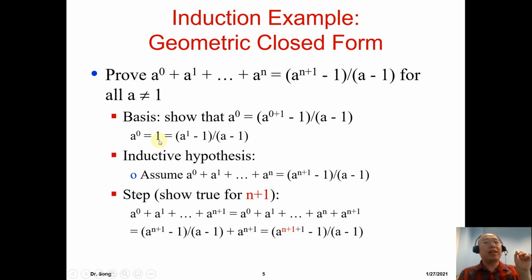So if 0 works, then 1 works. If 1 works, 2 works, and if 2 works, 3 works. So we can go on and on and on, and we can prove that it works all the way up to infinity. And this means the statement Sn is true.